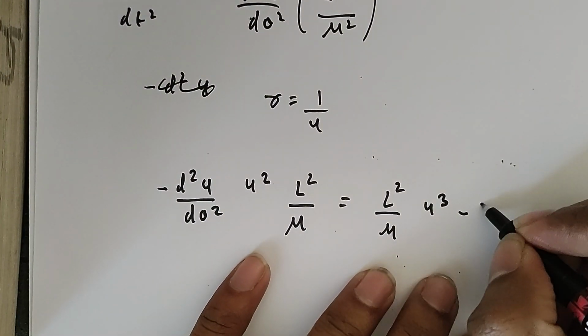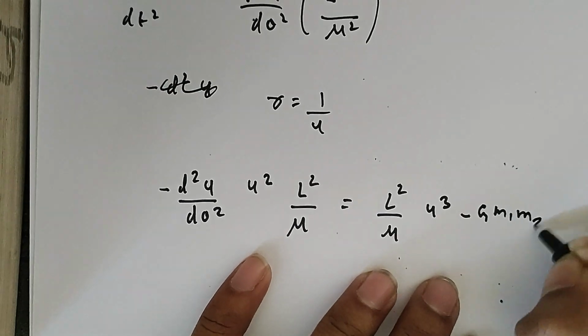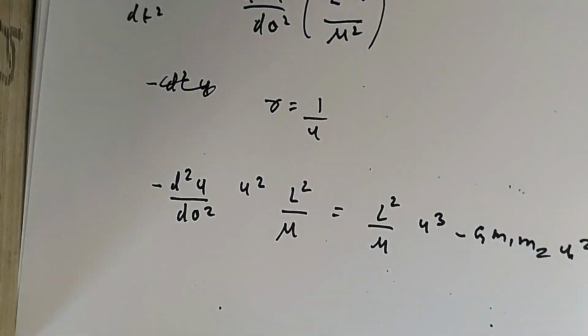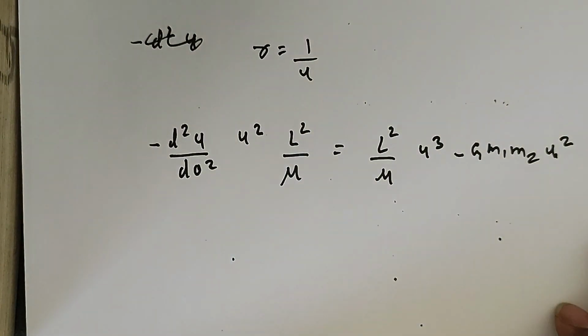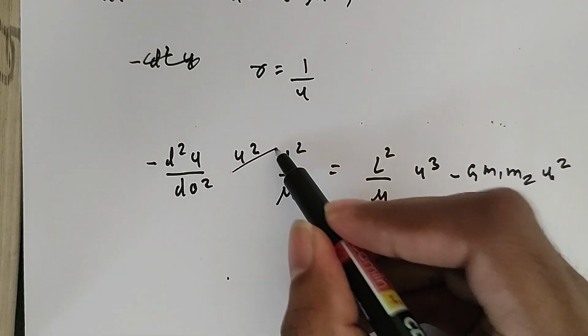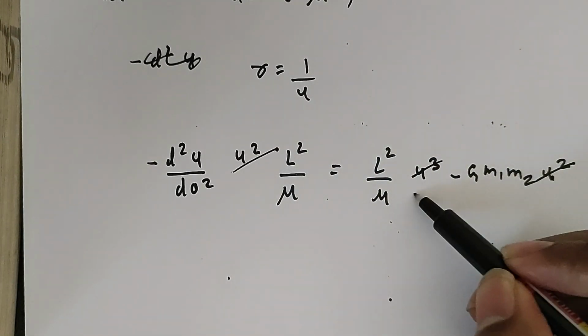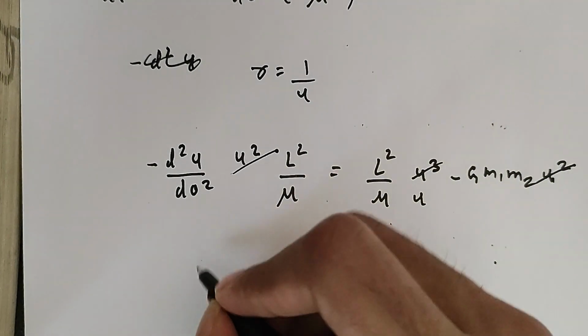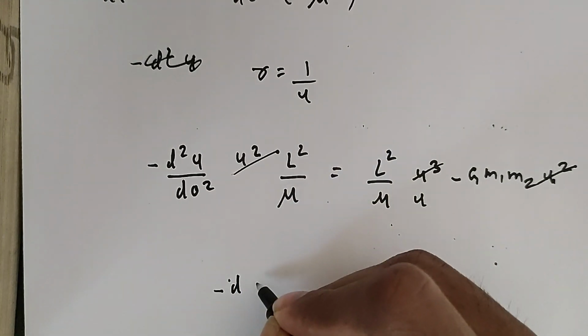We have the potential term in the form of u.